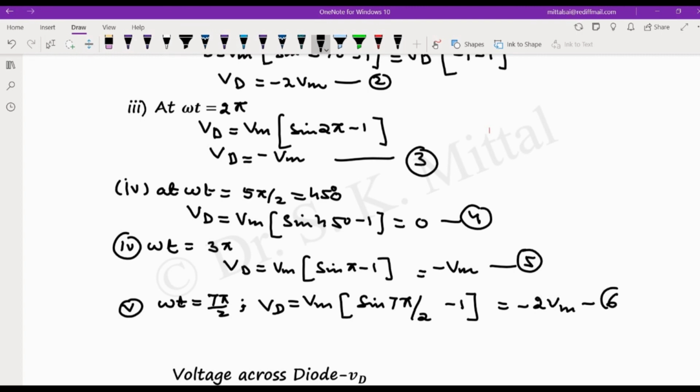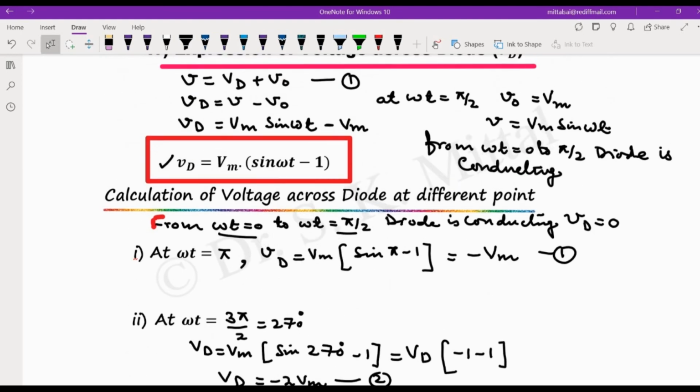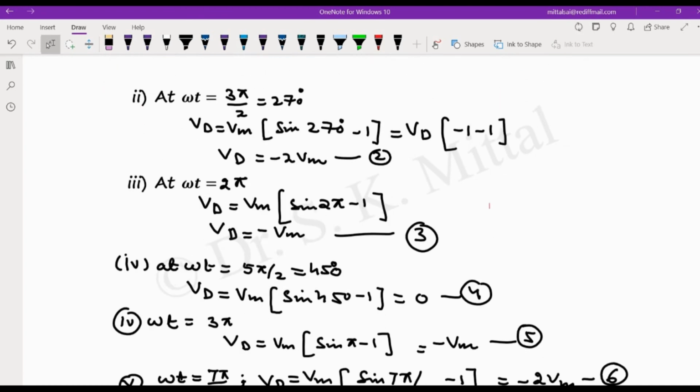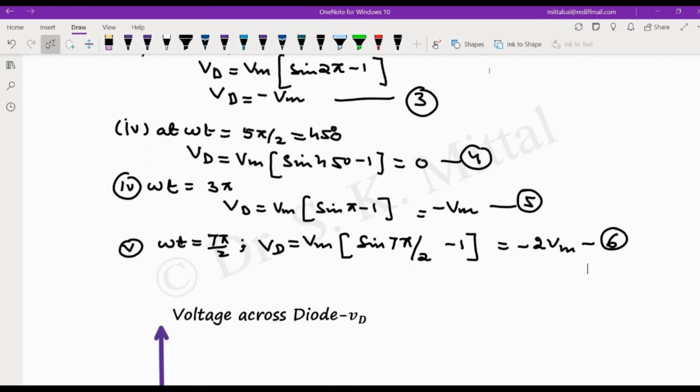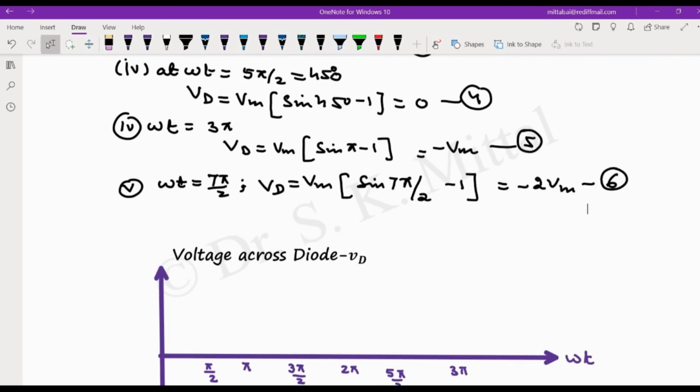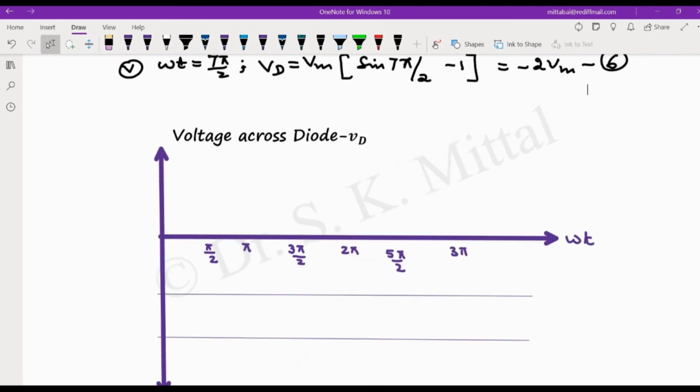So these are the voltage across diode at different points. Why we have considered the different points? Because due to these different point calculation voltages, we will be able to draw the exact waveform of voltage across the diode.